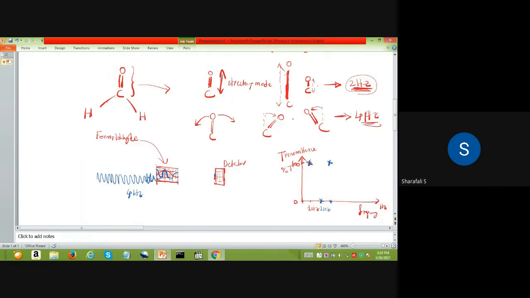Okay, because the sample is having a vibration at 4 hertz, which is the wagging, or the bending mode vibration. So because of that, the sample will absorb that particular frequency, which means that if this carbonyl group is getting a frequency equal to 4 hertz, then it will start wagging. So it will absorb that radiation and start wagging. Okay, so when it is 4 hertz, the sample absorbs that frequency and you will get no radiation at the detector end.